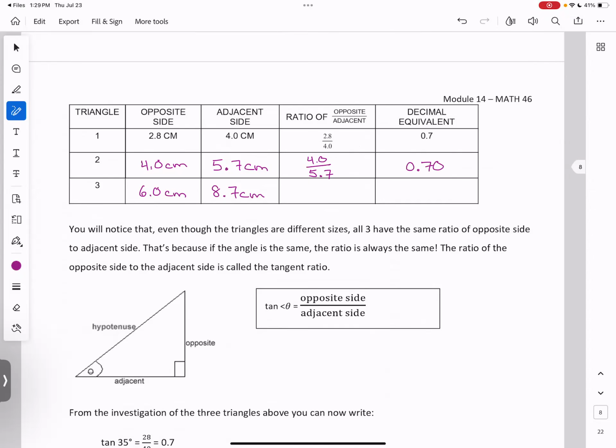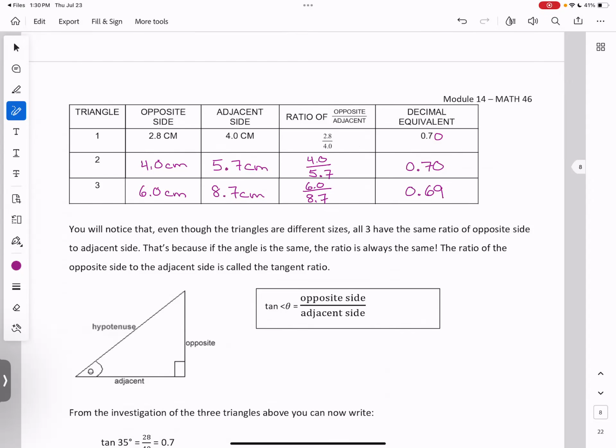For that first one, 2.8 divided by 4 is exactly 0.7, so 0.70 again. And then our third one, opposite over adjacent, is 6.0 over 8.7. You can write centimeters in there if you want; the centimeters would cancel out. If I round to the nearest hundredth, I'd get 0.69.